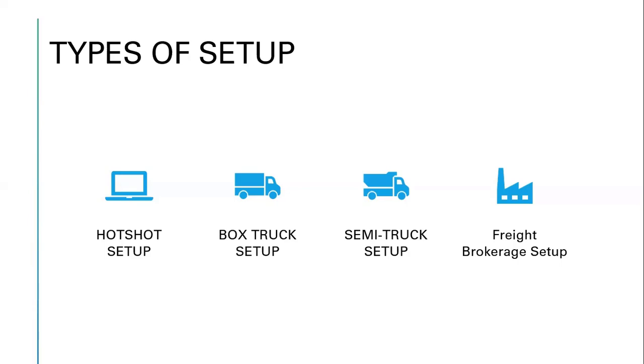That way, you cover all your bases. If it is a non-CDL, which means your truck and your freight is 26,000 gross vehicle weight rating only, between truck, trailer, and your freight, then that's going to determine if it's non-CDL or not.